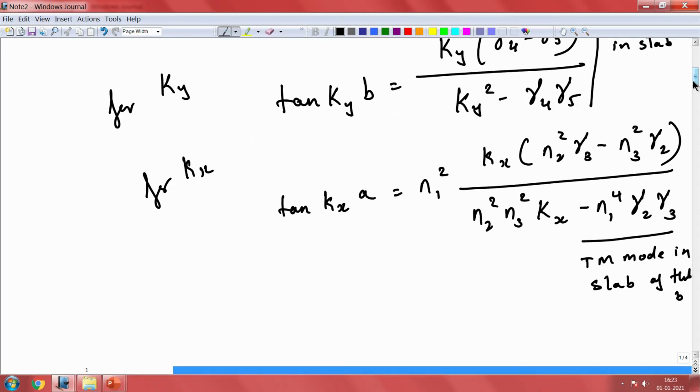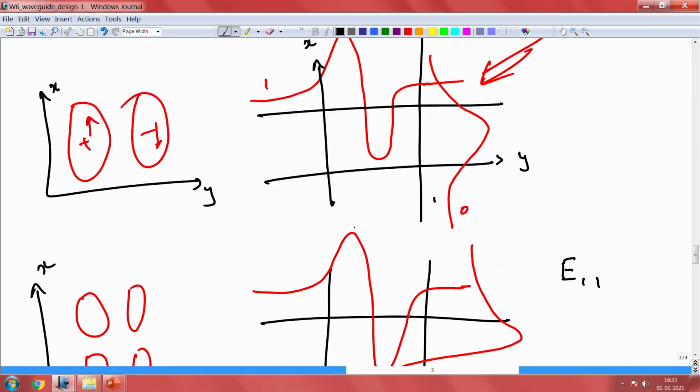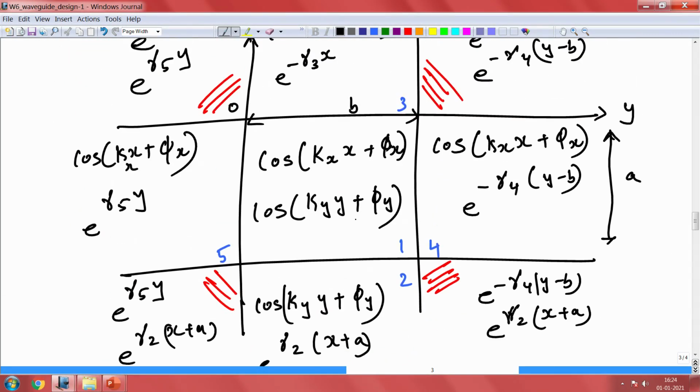Now the phase terms. We now have kx and ky, but we also have the phi term here. Let me go back and show you where this is important. If we look at this equation, we have kx and ky, which we have just found. But what about phi?